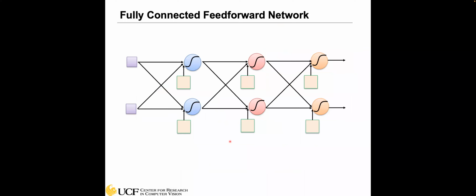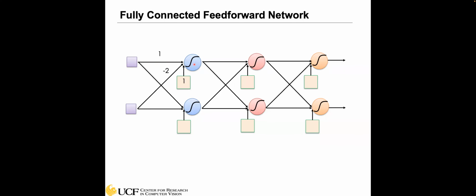Let's look at one type of neural network, the fully connected feed-forward network. Here are the weights of each of the neurons connected to the input. Fully connected means each input will have a connection to each of the neurons.